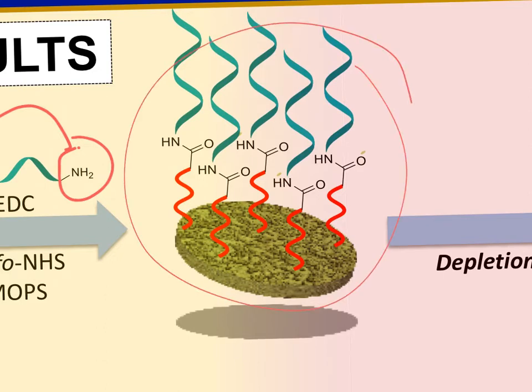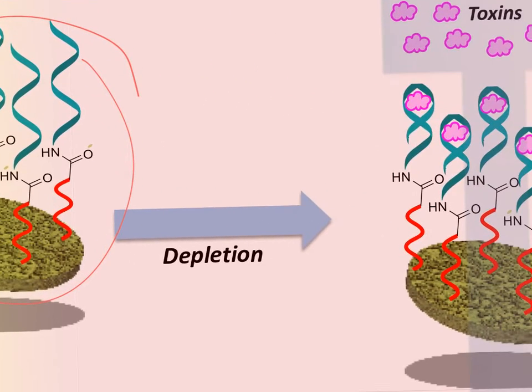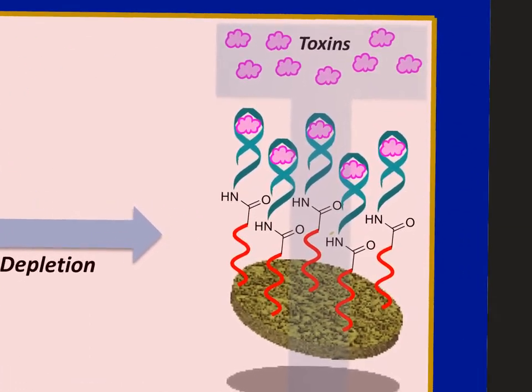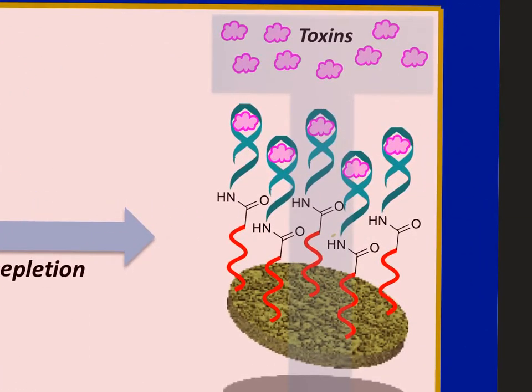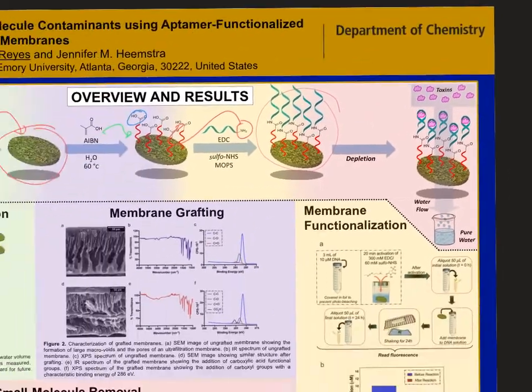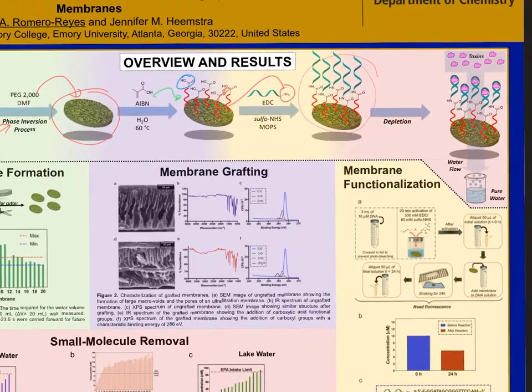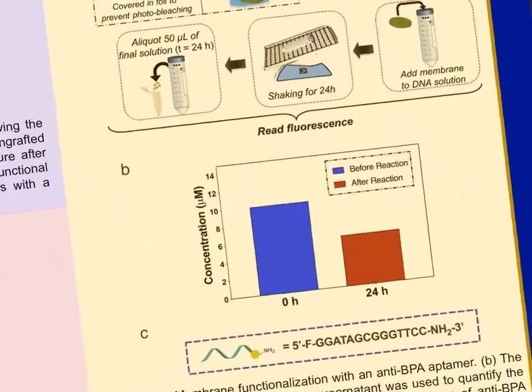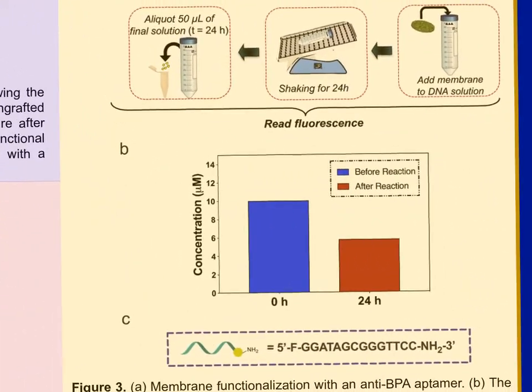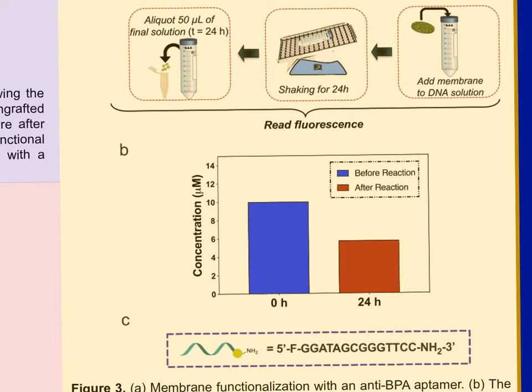Now that we have our membrane, we are able to check if small molecules are being depleted or not. So basically, what I try to do is to check if it's able to remove a small molecule. First, we're able to check by the change in concentration if the aptamer is attached or not. So by this change, we're able to see that DNA is indeed attached to the membrane.